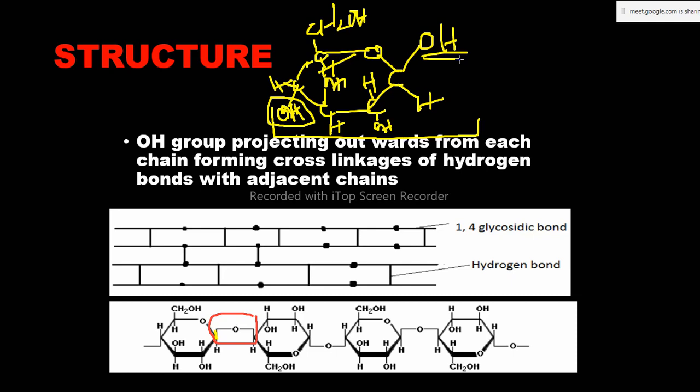So because of that, what happens? The second beta glucose molecule is going to somersault. Okay, it is going to rotate 180 degrees. So I usually say you quote it as somersaulting.